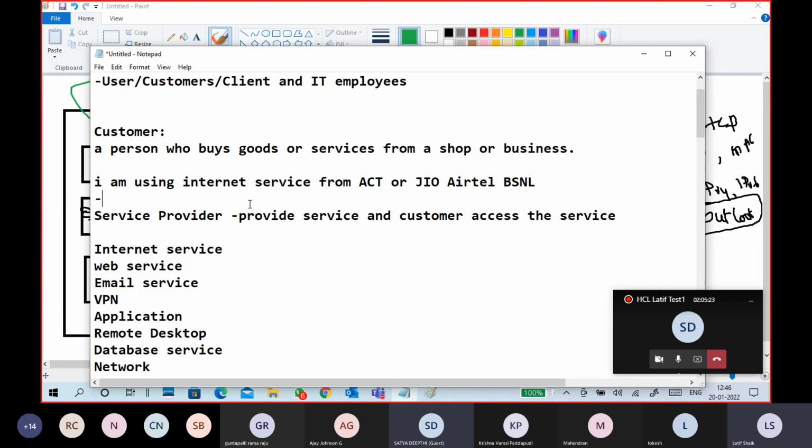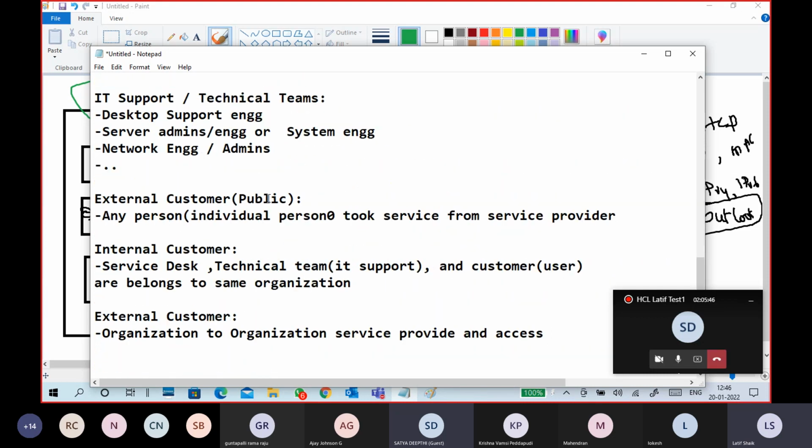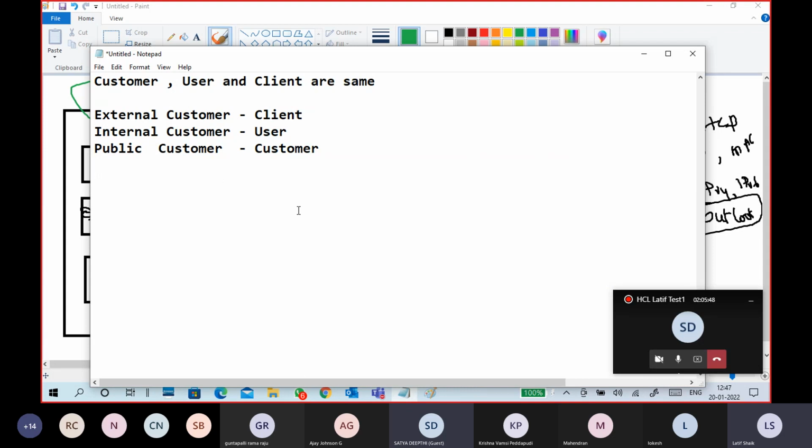It means I'm the customer. I'm missing this one. Okay, so like this. So this is about your service desk.